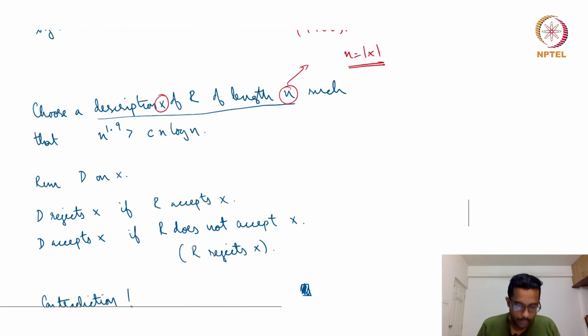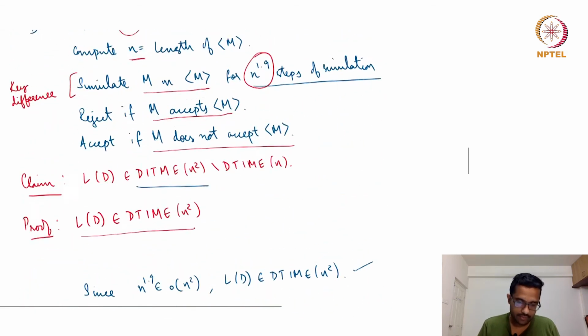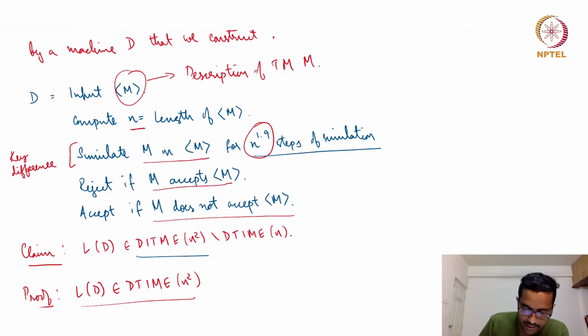Okay. So now we run D on the description of R, or a specific description of R called X. Now what happens? You are giving X as the input of D. So what does D do? It simulates R. Recall that X is a description of R. So D will simulate R on X for n power 1.9 steps, right?